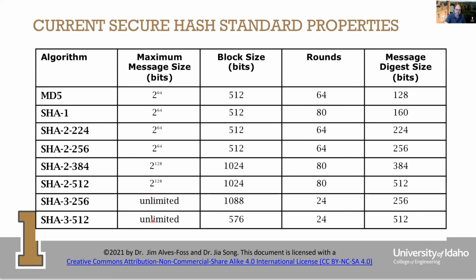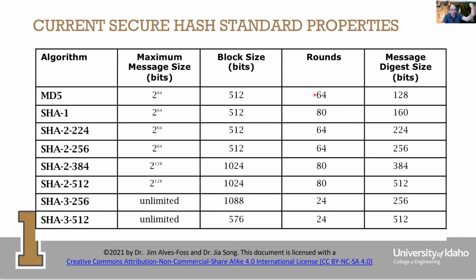SHA-3 is unlimited. SHA-3 has either 256-bit or 512-bit hashes, like SHA-2 had multiple sizes of hashes. SHA-1 was always 160 bits. So we can look at the message digest size over on the right here.